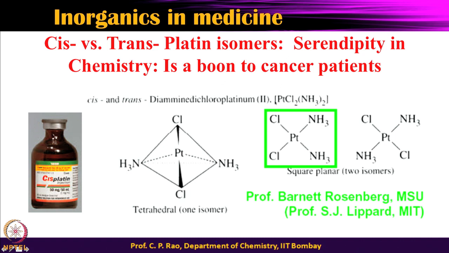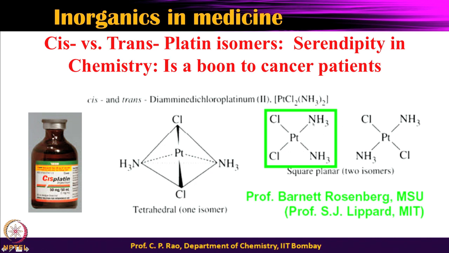And the cisplatin itself is a boon to cancer patients. As you know, its invention initially was serendipitous, an exploration when electrochemical work was being conducted by Barnett Rosenberg, he could recognize that certain kinds of things developed at the platinum center, and then finally found the compound being the platinum diamine dichloro compound.